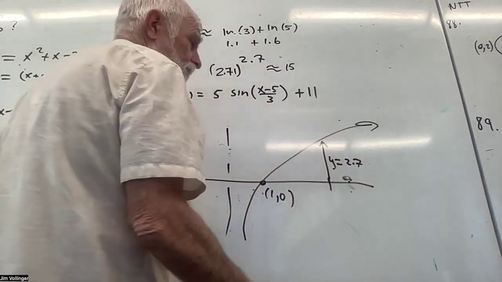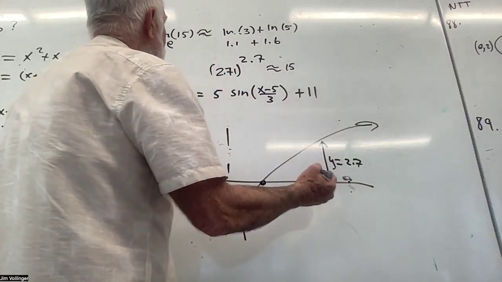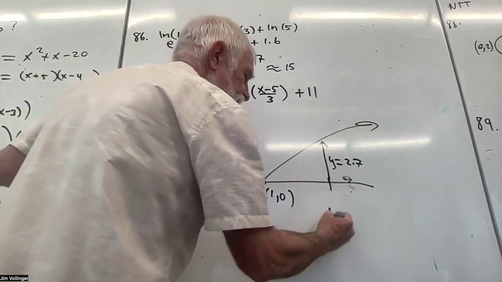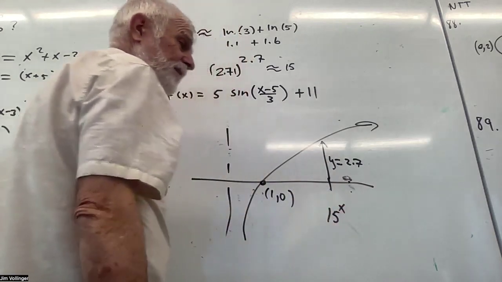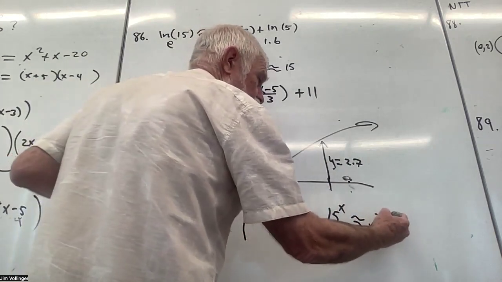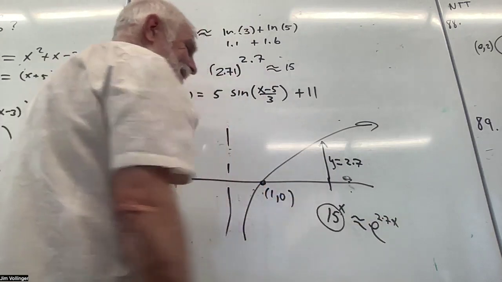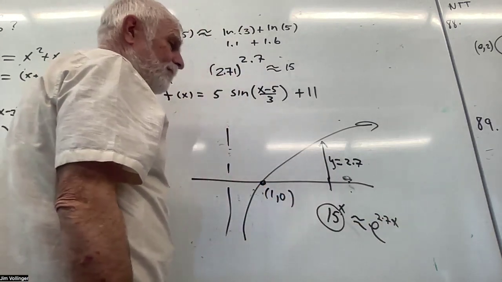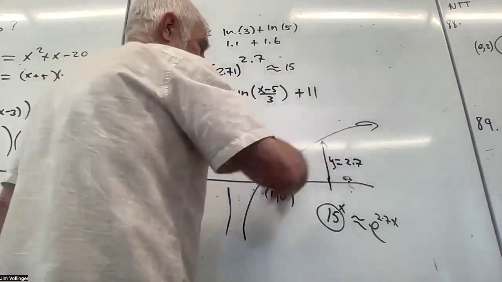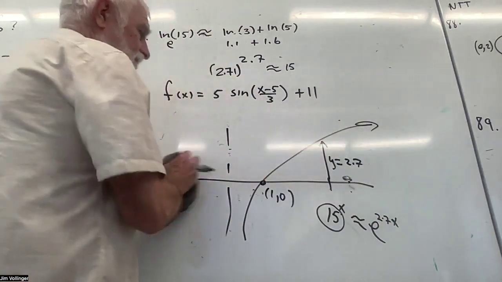And so if I ever wanted to write 15 to the x, that exponential function, it's approximately e to the 2.7x, which means I can write any exponential function provided I have the ln button on a calculator. All right, so that's that discussion.